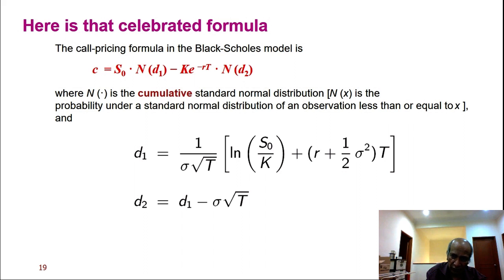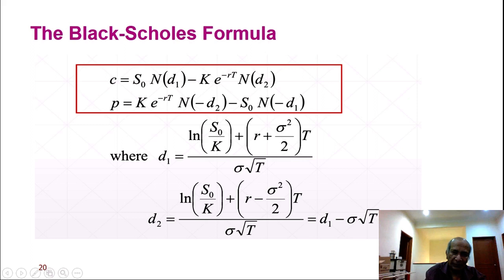If it's 3 months, it will be 0.25. Once you calculate these carefully and get the d1, then the d2 becomes easy. That is d2 equals d1 minus the standard error of the entire thing, that is sigma square root of T. Or you can interpret it the other way around.